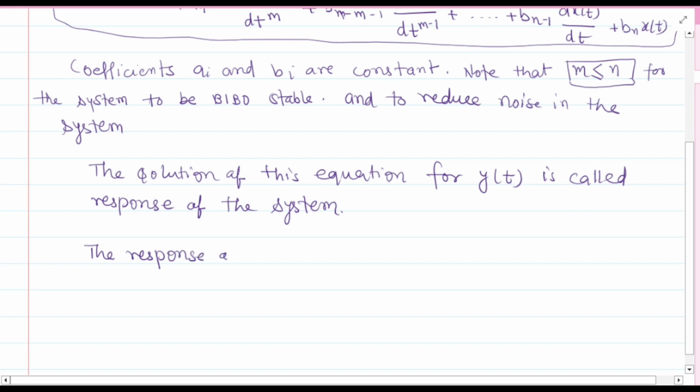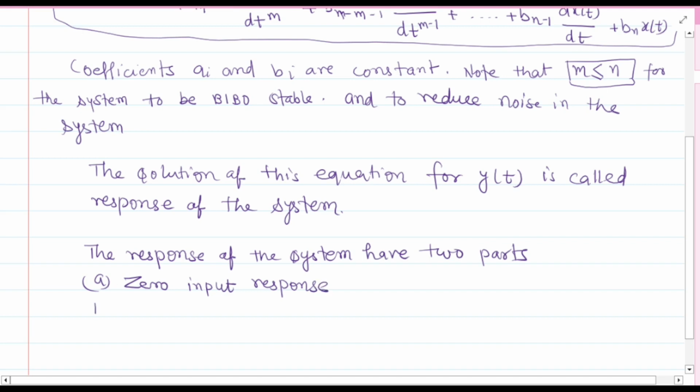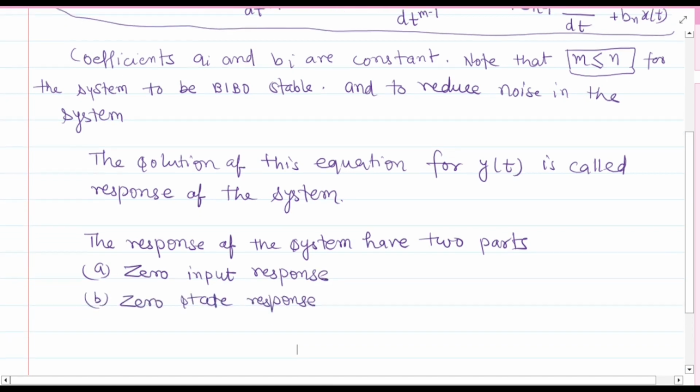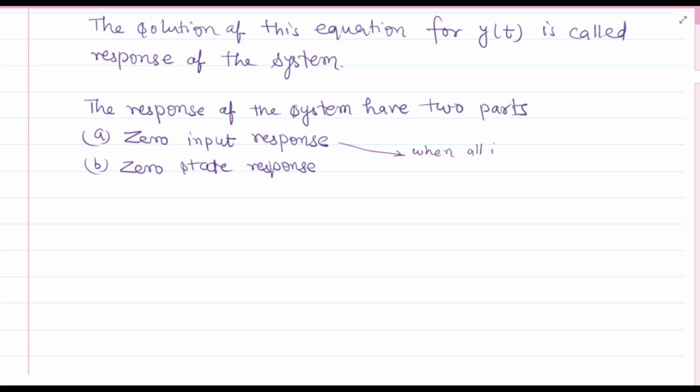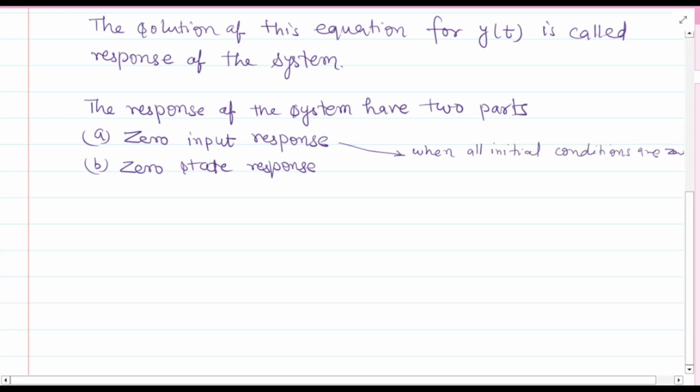Now, our main objective in this discussion is to calculate the response of the system. So, let me tell you that the response of the system can have two parts. First part is zero input response. Second part is zero state response. Zero input response is the response when all inputs of the system are set to 0.